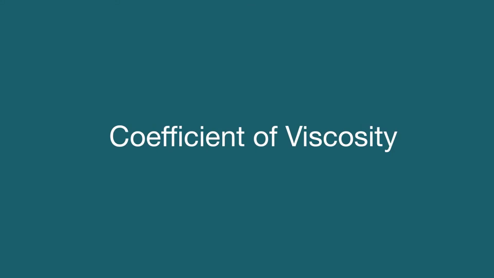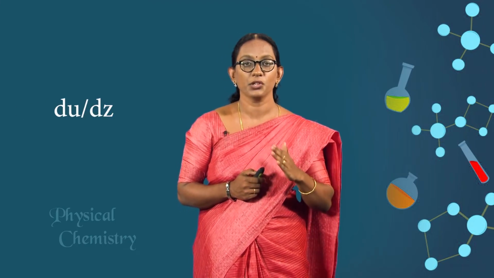Now we are going to discuss the coefficient of viscosity. Simply, it is a parameter by which we can express the viscosity of a liquid. To understand in detail, consider any two parallel liquid layers of area A separated by a distance dz. The velocity gradient between the two layers will be du by dz.